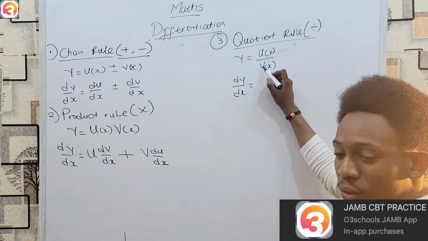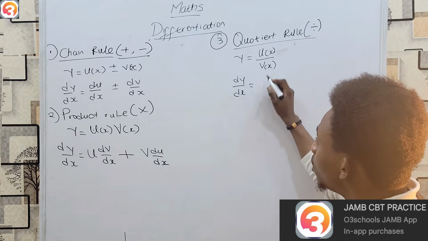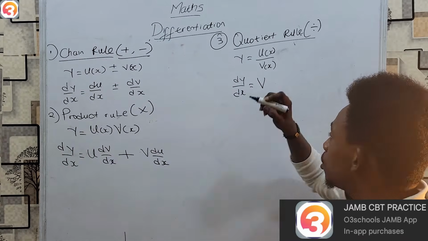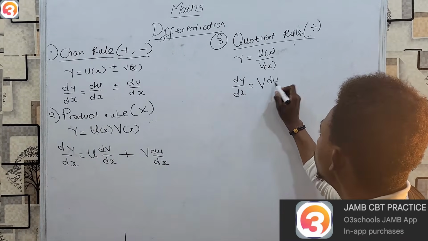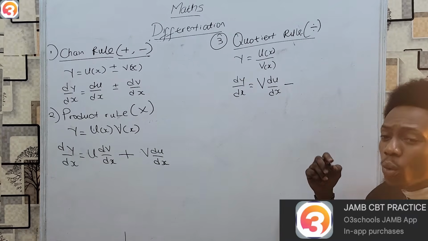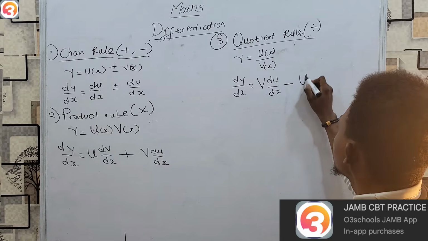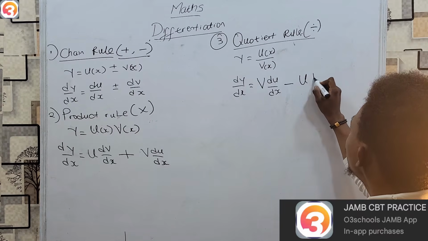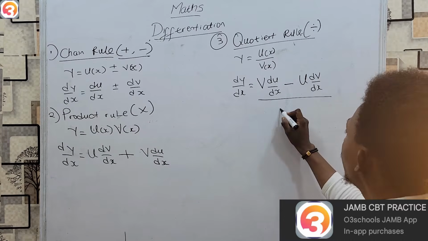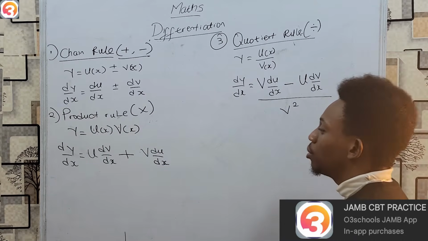Take your denominator first, hold your denominator, then differentiate your numerator. That will be du dx minus, hold your numerator now, and differentiate the denominator, dv dx, all over the square of the denominator.